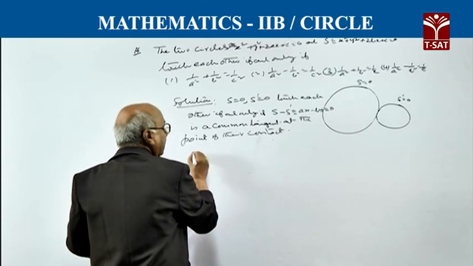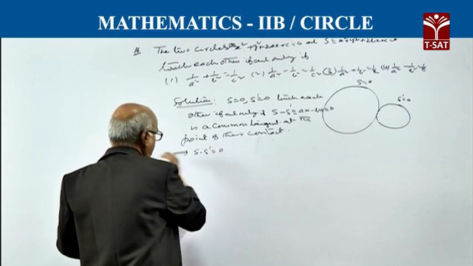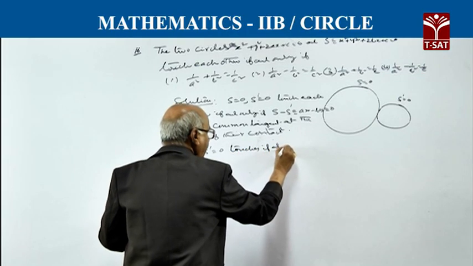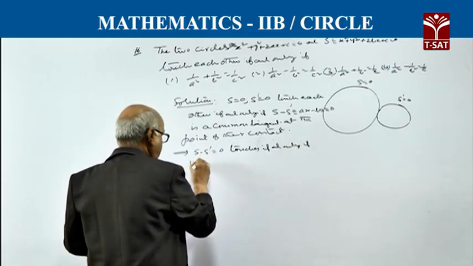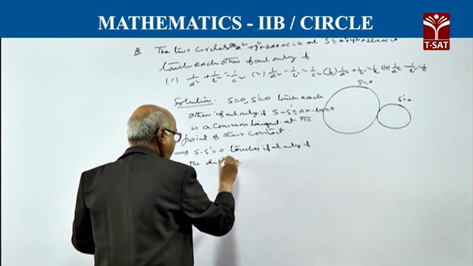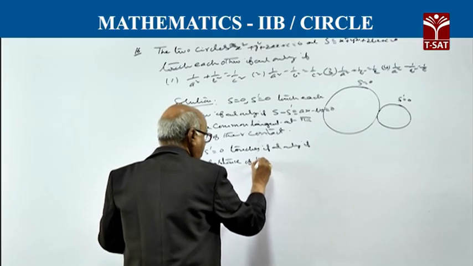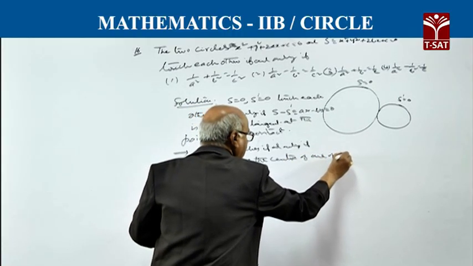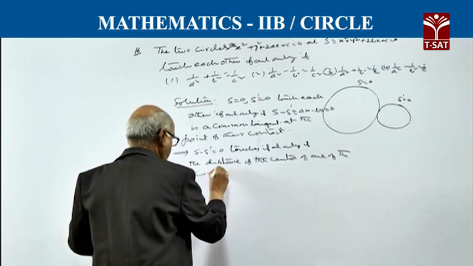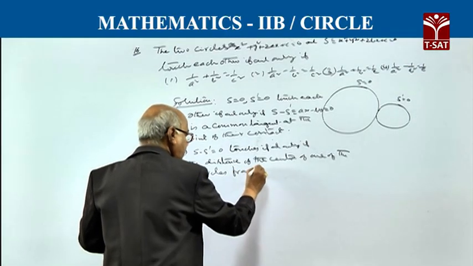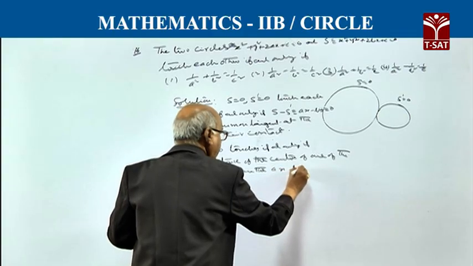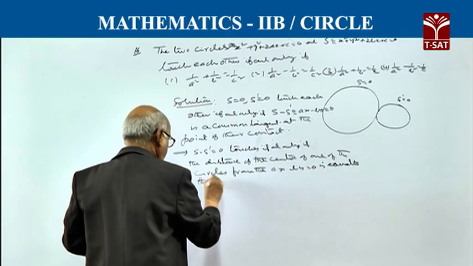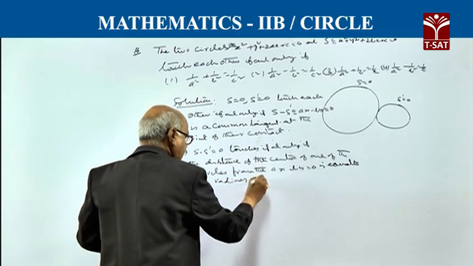And you know that S minus S dash is equal to 0 touches if and only if the distance of the center of one of the circles from ax minus by equal to 0 is equal to the radius of the circle.